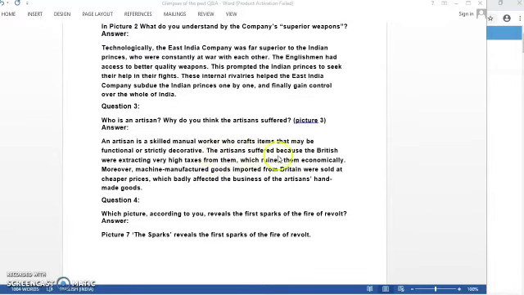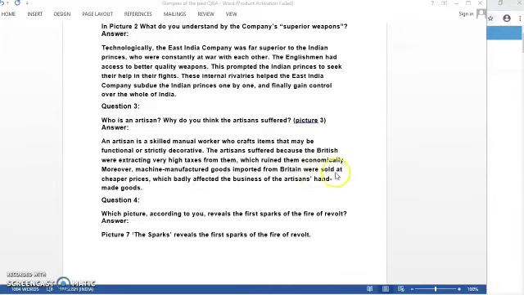Now, these artisans suffered because the British were taking high taxes from them. They were extracting high taxes from them, which ruined them economically. They became poorer and poorer. More machine manufactured goods were imported from Britain, and there was no import duty.